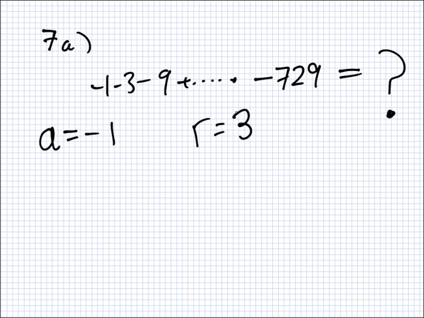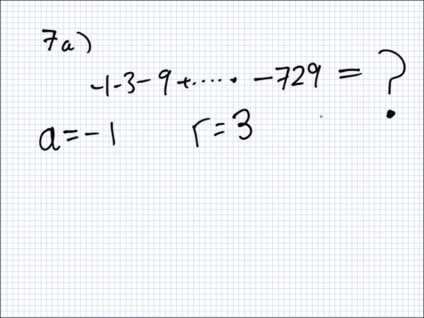Good. Okay. And Nusi, what's the n here? You see, we don't know. I don't tell you what the n is. So does anyone have any ideas on how I find the n?